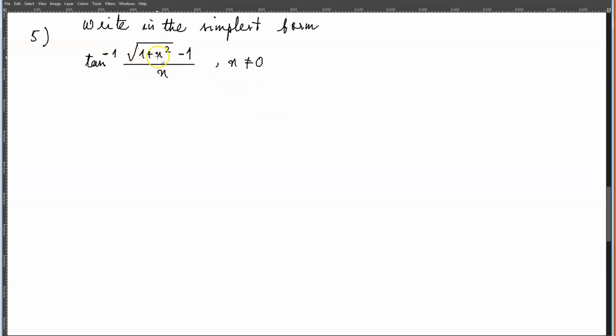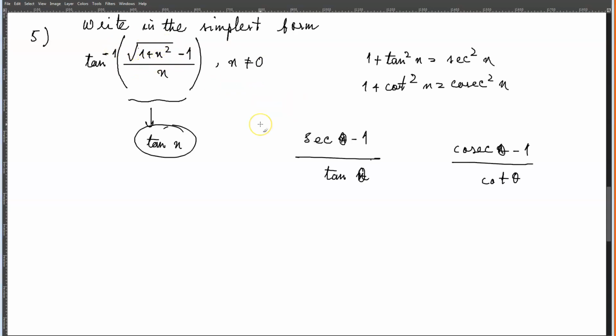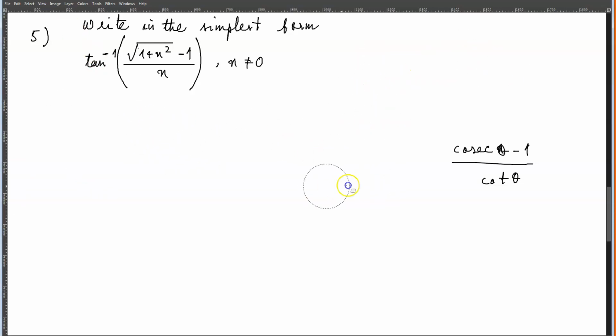Now I was trying to explain this thing, and this is a little bit trickier than I thought.